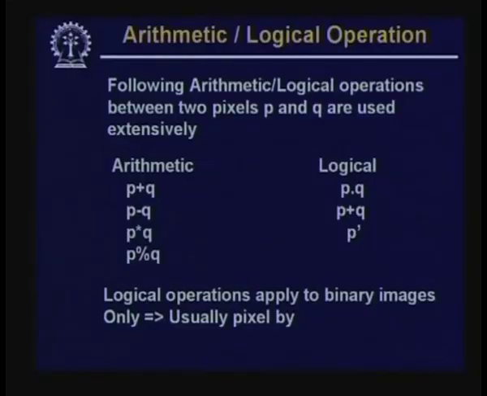Now, after our discussion on these distance metrics, let us see what simple operations we can perform on images. As we have seen, in a numerical system, whether decimal or binary, we can have arithmetic as well as logical operations. Similarly, for images we can have arithmetic and logical operations. I can add two images pixel by pixel, that is, a pixel from one image can be added to the corresponding pixel of a second image.